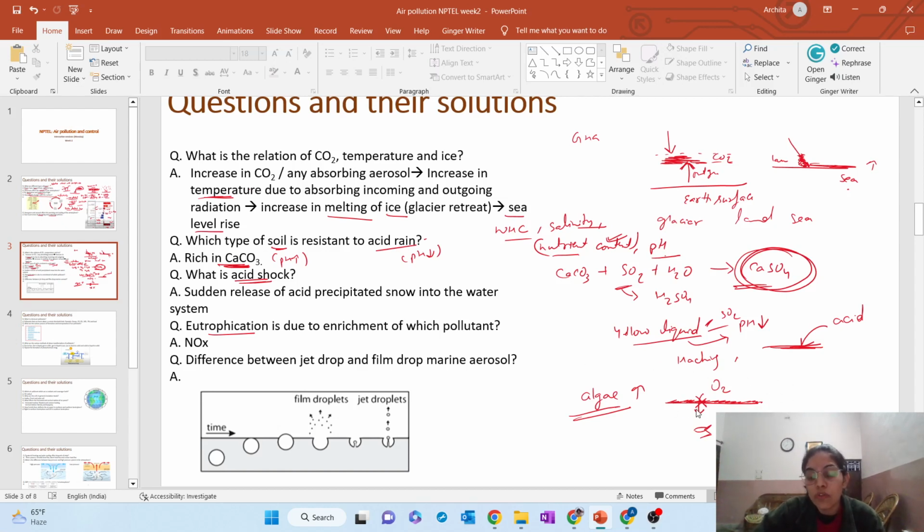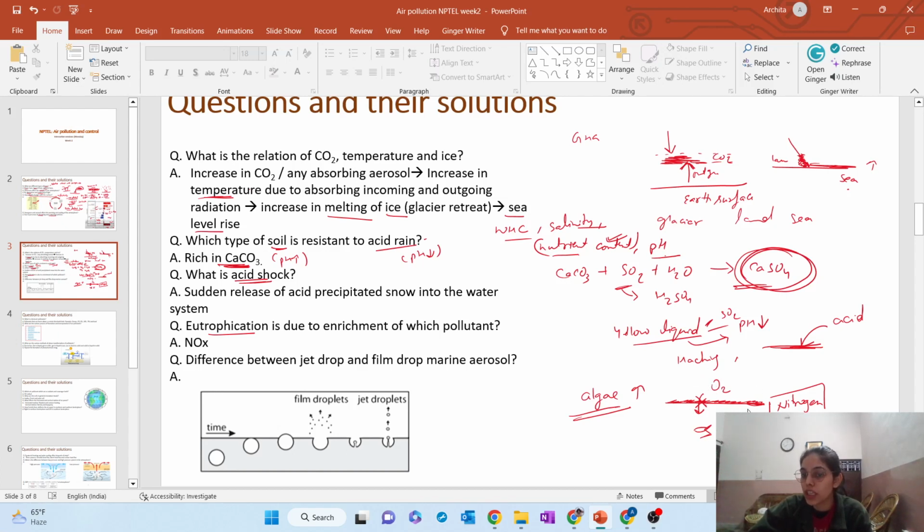So now why does this algae start growing on the water surface? What does this water have that leads to the growth of algae? That is nitrogen. So if a water body has high content of nitrogen, then these algae will take up that nitrogen, start growing, and make this surface on the water body and cut the oxygen supply.